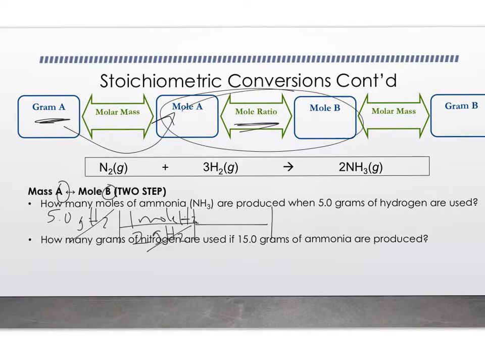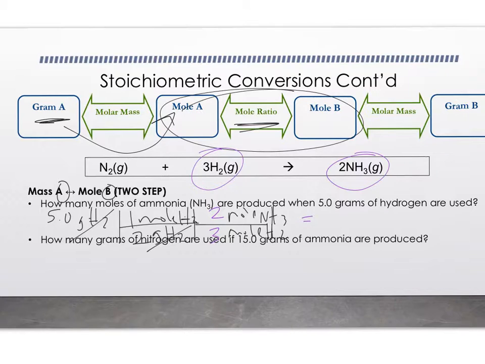So, oh yay, now I can do my mole to mole conversion, where moles of H2 come straight down to the bottom, and now I'm going to calculate moles of ammonia, which is NH3, and I get the mole to mole conversion from the coefficients of the balanced chemical reaction. So the coefficient of our hydrogen is a 3, the coefficient of the ammonia is the 2, so now I just perform my math.